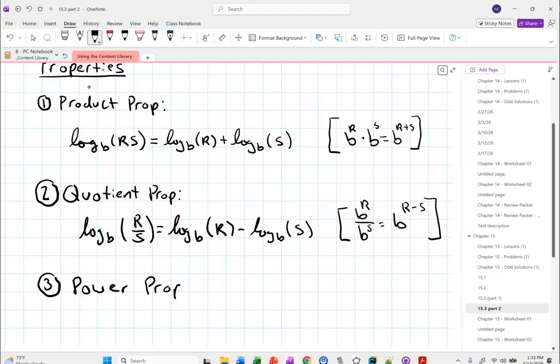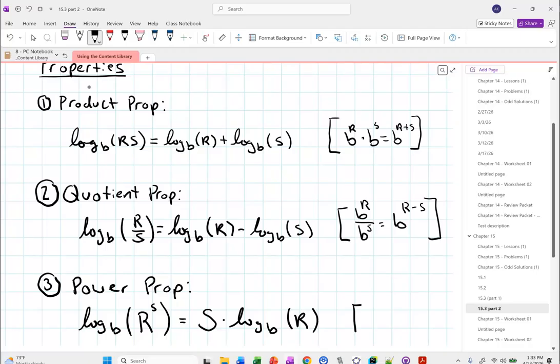The third is the power property. That says that an exponent inside a logarithm can become a coefficient outside the logarithm.